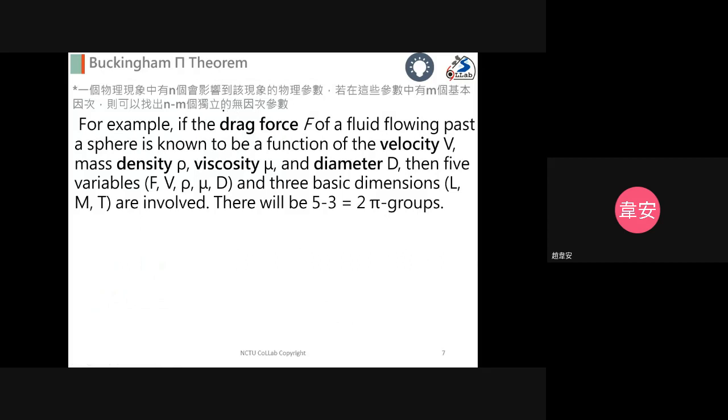So before we do the dimensional analysis, we need to know how many dimensionless parameters we will have in our prototype.